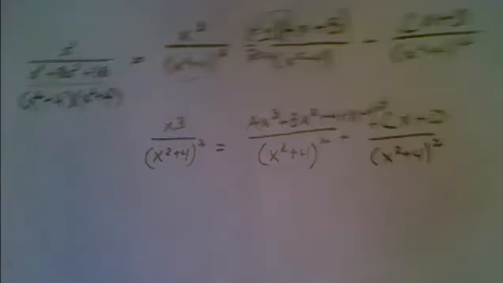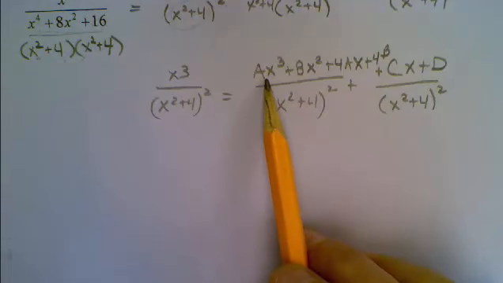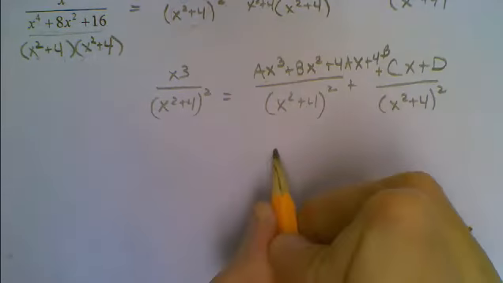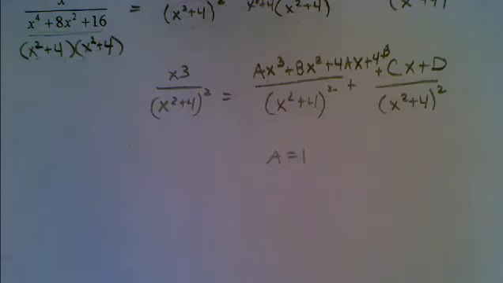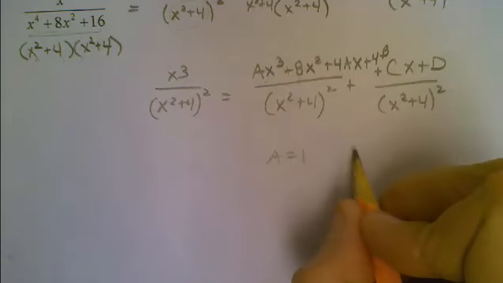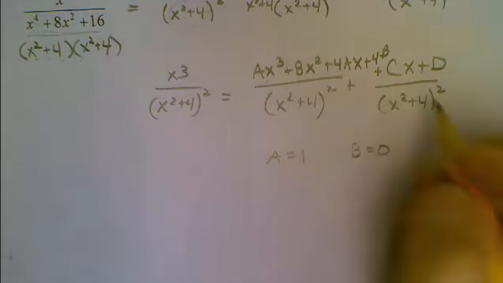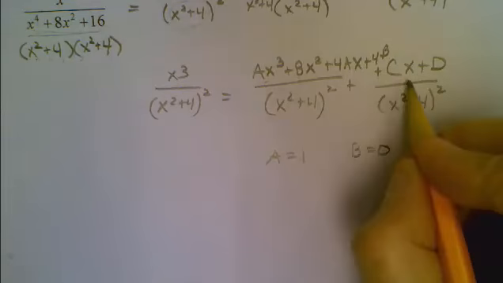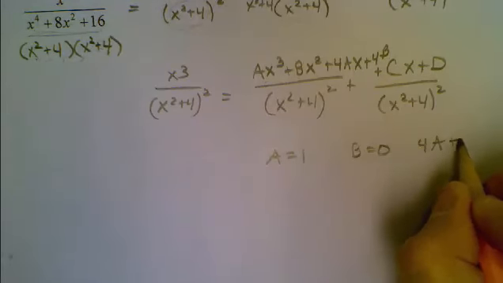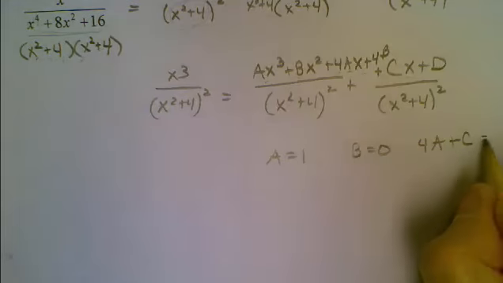Okay, so let's set up our system of equations. For the x to the 3rds, I have a has to equal 1. That's easy. For x squareds, b has to equal 0. For the x's, 4a plus c x, so plus c. So when I'm looking at the x's, 4a plus c has to equal 0.